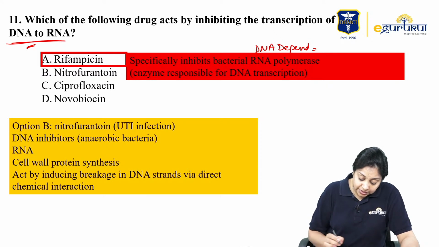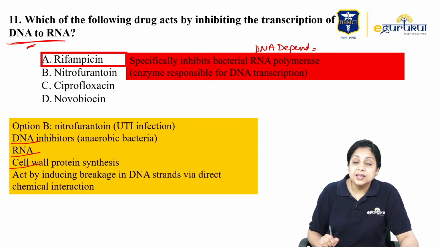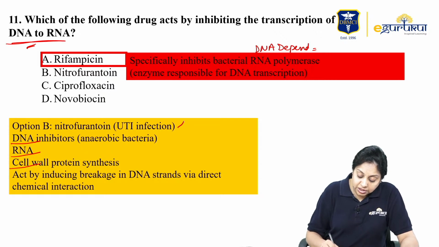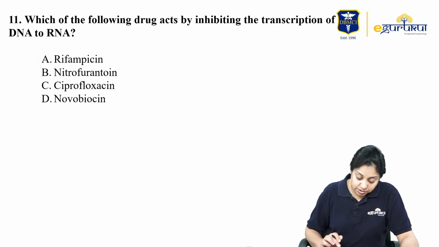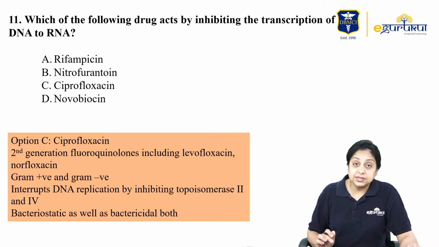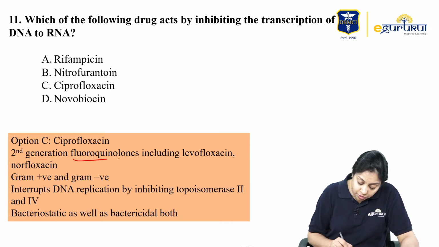Nitrofurantoin, right? It is a DNA and RNA inhibitor, also interferes with cell wall protein synthesis, right? It is majorly used in UTI infections. Ciprofloxacin is a second generation fluoroquinolone, right?